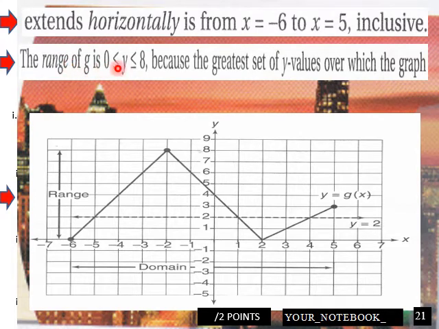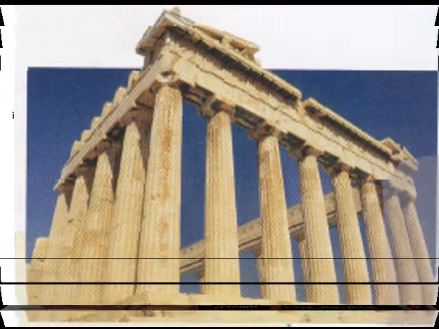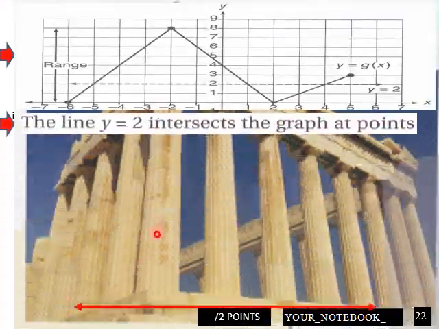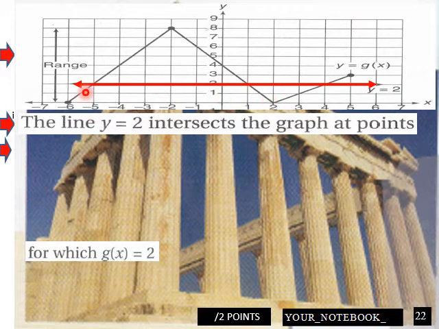The range of g is from 0 to 8 here. Here's your range. The graph extends vertically from 0 inclusively. The line y equals 2 intersects the graph at 2 points.